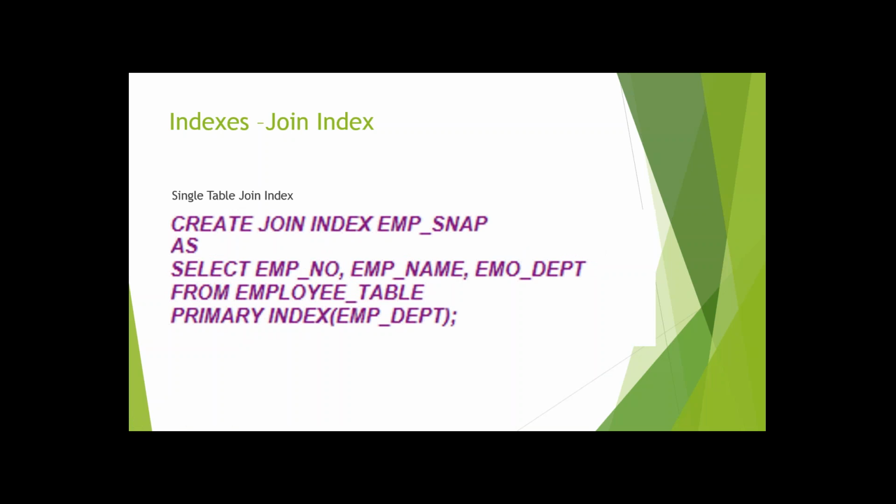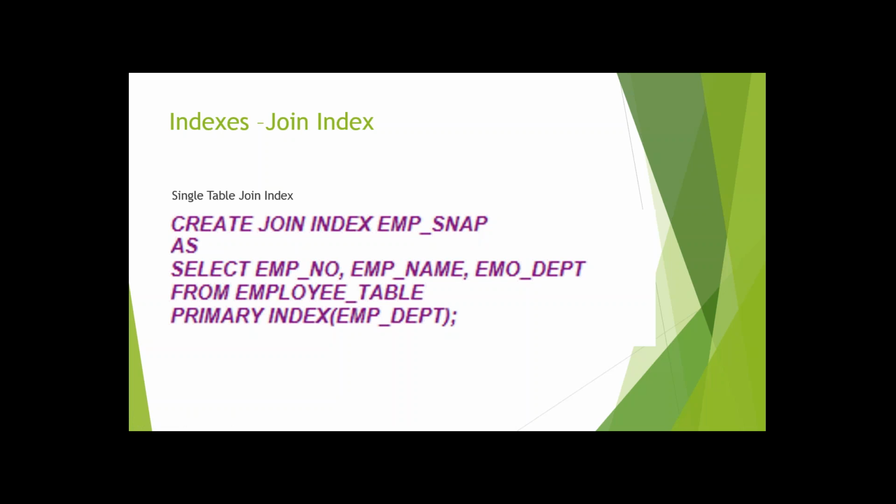So anytime we write a SQL script which tries to retrieve the data using the employee department, the optimizer could use the emp underscore snap join index. It's up to the optimizer whether it has to use the emp underscore snap join index or directly use the base table employee table. It's up to the optimizer.